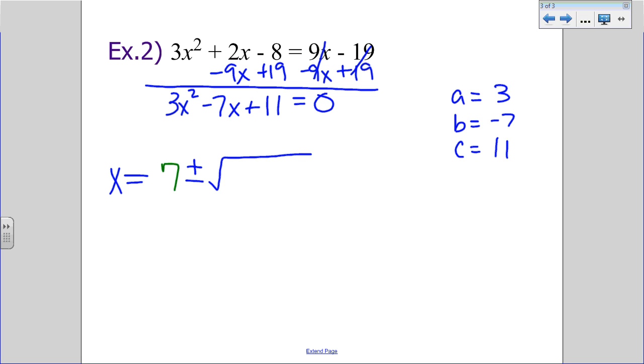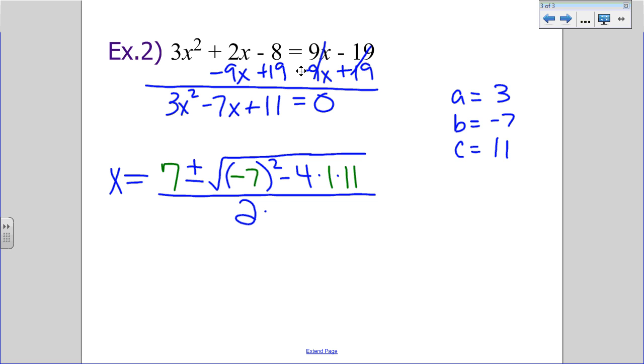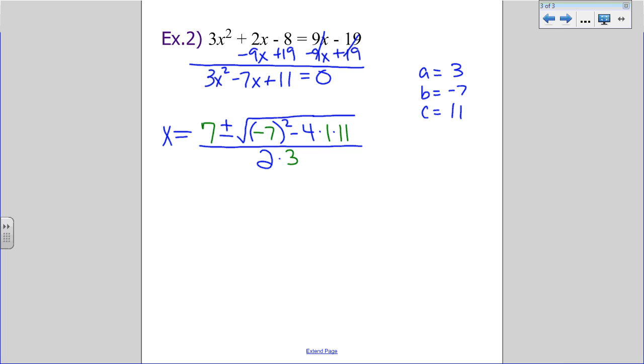minus the square root. You're always going to have parentheses, and it's going to be squared. So this is going to be negative 7 squared minus 4, I'm going to extend this, times A times C. This is then all divided by 2 times, and then we have our A value of 3.